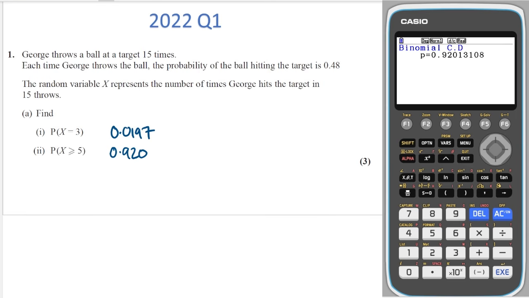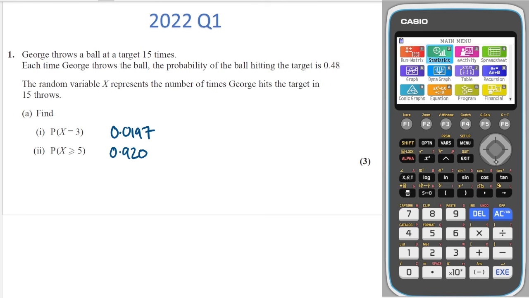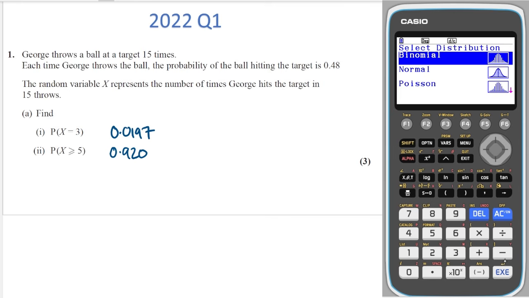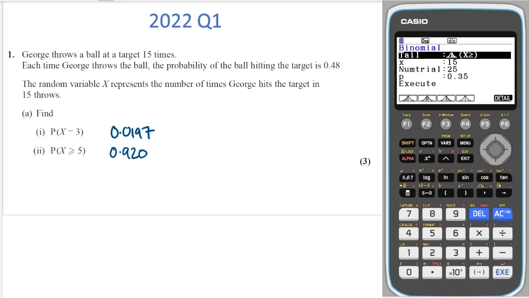Okay, I'm going to show you another way of doing it, which you might prefer. You could go to distribution, press binomial, and you can see what tail you want. So if I press F4, it will be equal to, and I could do X is 3, the number of trials is 15, and the probability is 0.48.